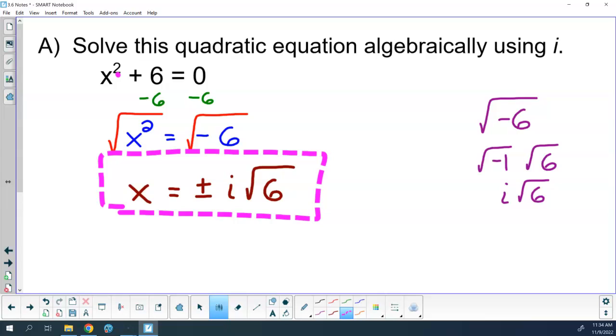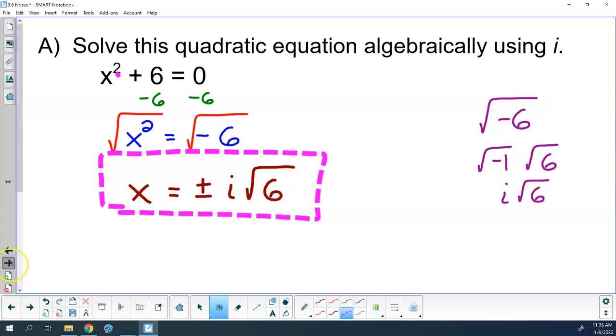So I still get my 2 answers. Why is it plus or minus? Because we took the square root and we needed to have 2 answers. Anytime you take an even root when you're solving, you got to go plus or minus. If you're just simplifying, then we're just considering it to be the primary root, which is the positive one.